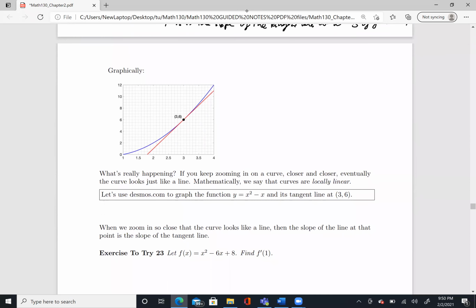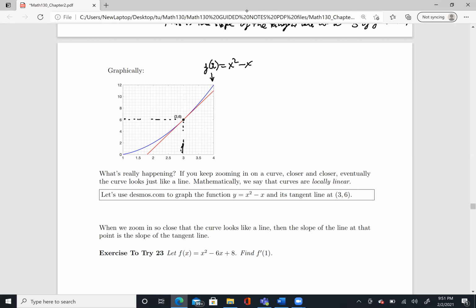So this is the graph of what we just did. The blue one here is the graph of the function f of x equal to x squared minus x. You see that it is a curve, and at point x equal to 3, we know that the y value is also going to be 6 from the graph.